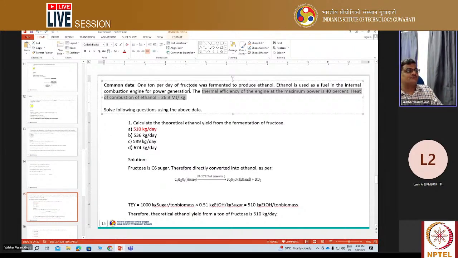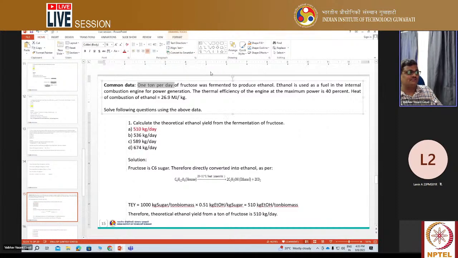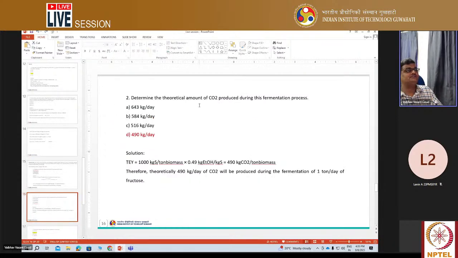And here it is given that 1 ton per day of the fructose, that is 1000 kg sugar per ton of the biomass. Clear? And into 0.51 is the theoretical ethanol yield per kg of sugar. So it comes out to around 510 kilogram of ethanol per ton of biomass, right? So that is 510 kilogram per day. That is on the daily basis, because this is the input which is on the daily basis. And another thing to calculate in this example is the CO2.